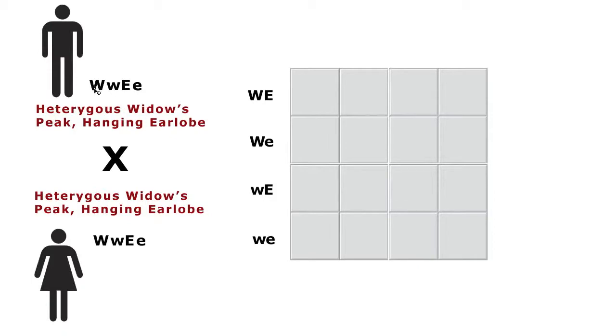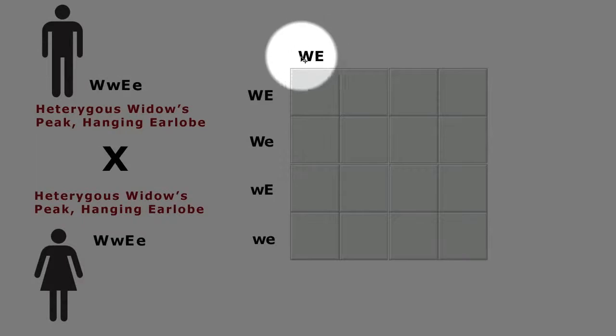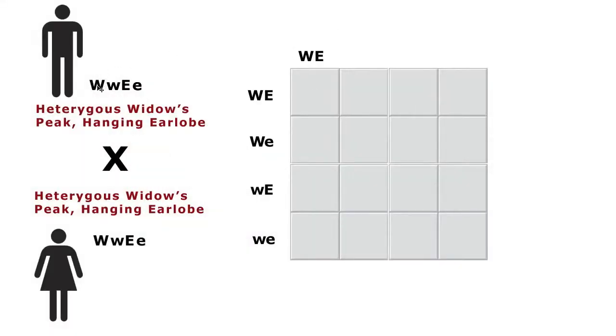So if we take the male, every one of his sperm are going to have a different allele combination possibility. For instance, he could pass down a sperm that has a capital W and a capital E, a dominant for widow's peak and a dominant for hanging earlobe. Another possibility is capital W, small e.